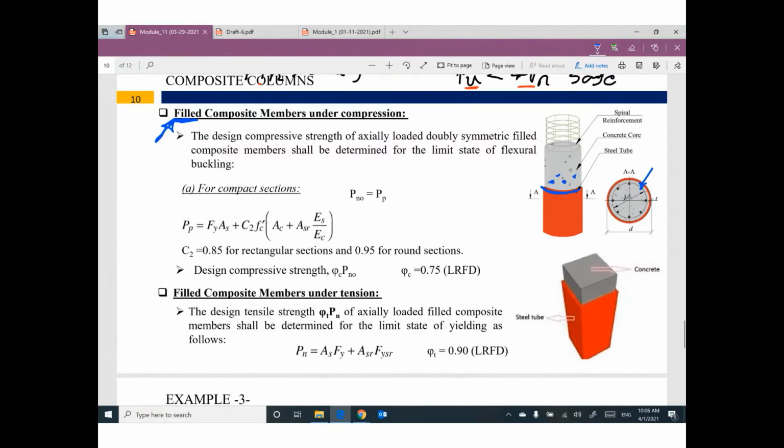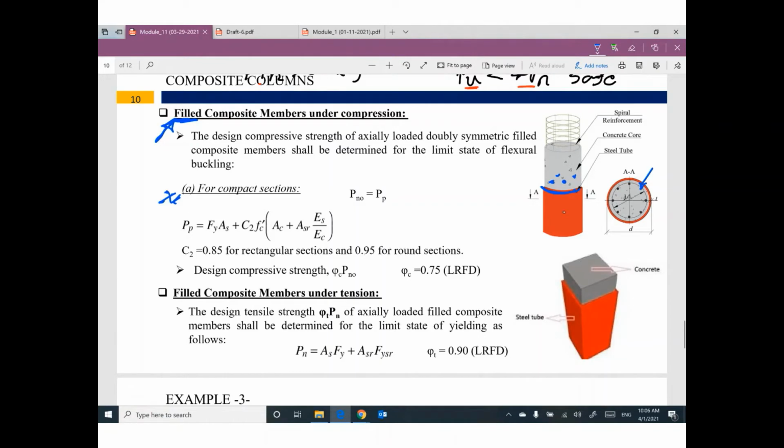The design compressive strength of axially loaded doubly symmetric filled composite members shall be determined for the limit state of flexural buckling. For compact sections, this is the only case I will cover in this course. Pn equals Pp, the plastic load.